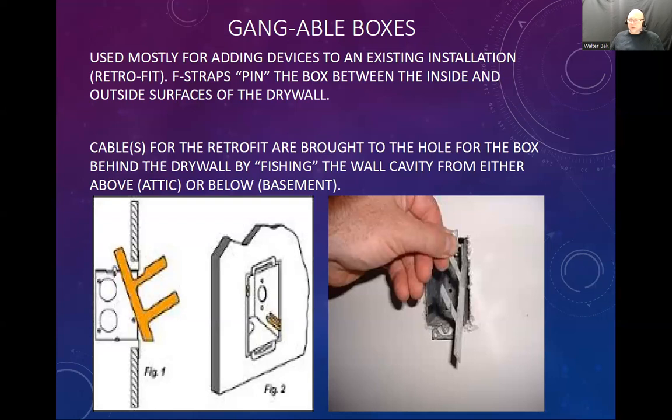The studs are there, steel or timber, and you go in and mount your devices. But sometimes you're going to find yourself in a situation where you have to do something called a retrofit. A retrofit is basically using part of the existing structure and adding on to things. In some cases, you're going to walk into a situation where the drywall is already there, and the position where the box has to be may not be convenient because there's already some furniture, maybe shelving or whatnot.